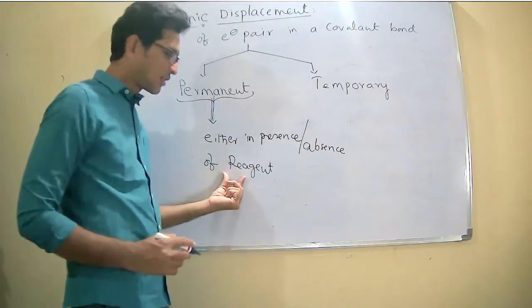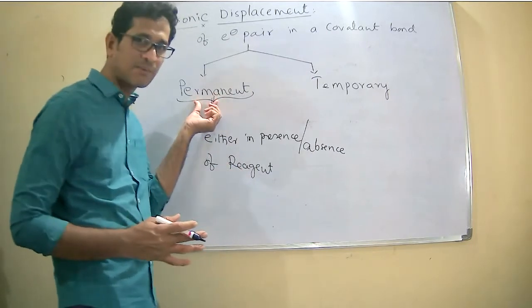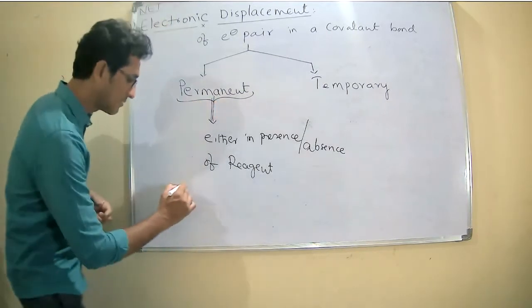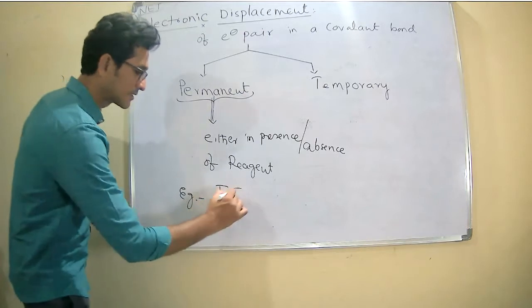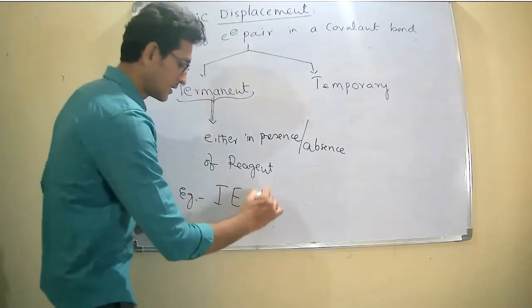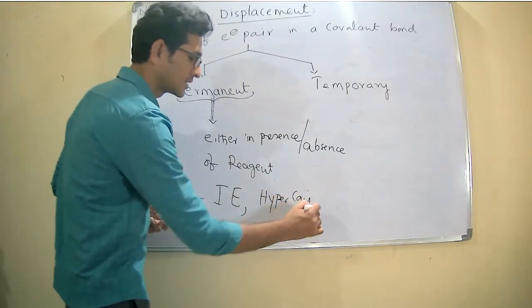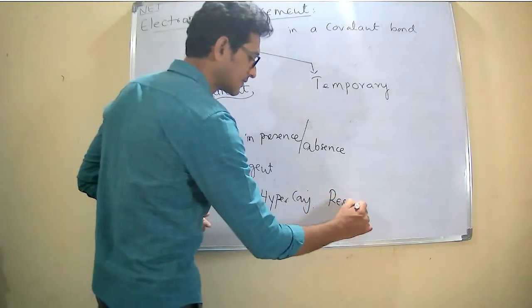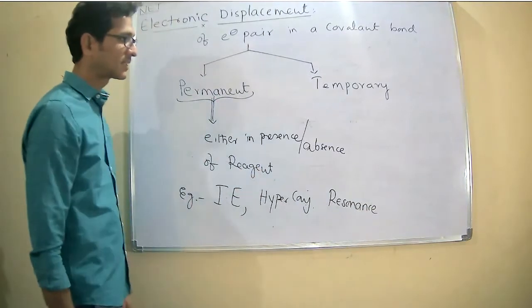This means the requirement of reagent is not mandatory. Such displacements are called permanent electronic displacements. Examples: inductive effect, hyperconjugation, and resonance effect, which is also called the mesomeric effect.